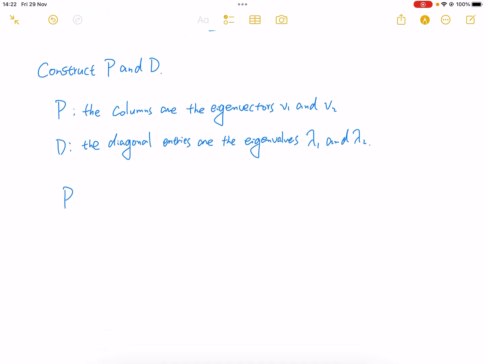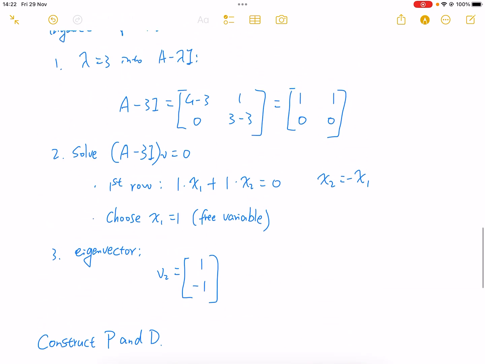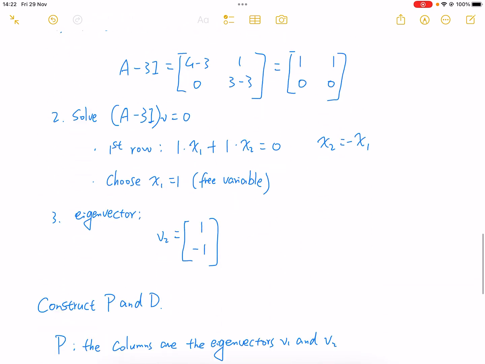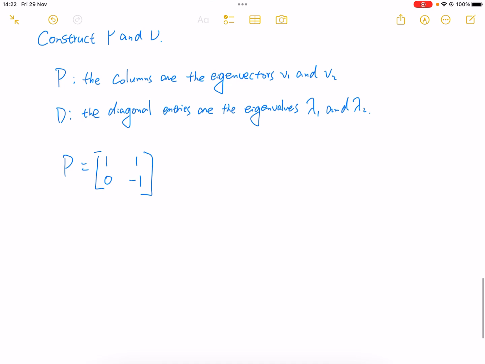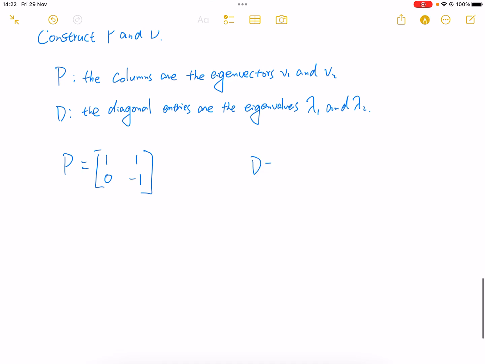So our P equals 1, 1, 0, negative 1, and D is 4, 3 on the diagonal, and the rest 0. And that's it. The matrix A is diagonalizable.